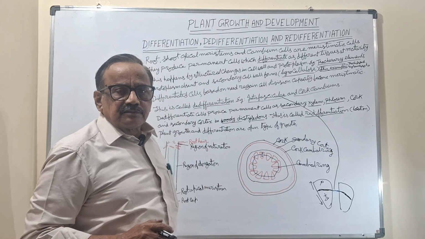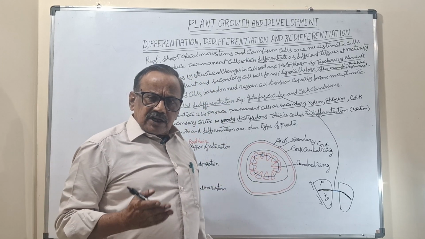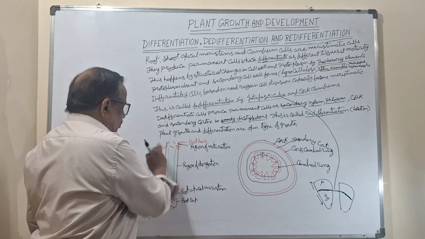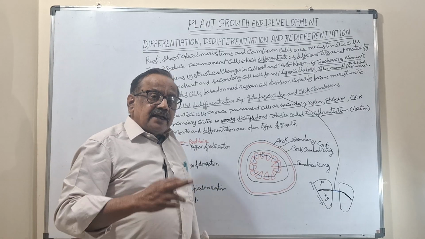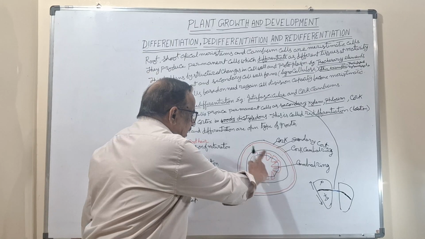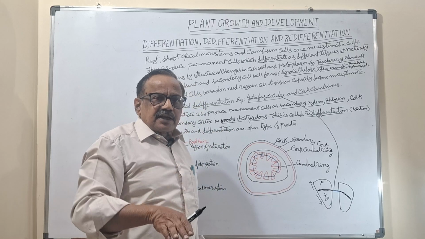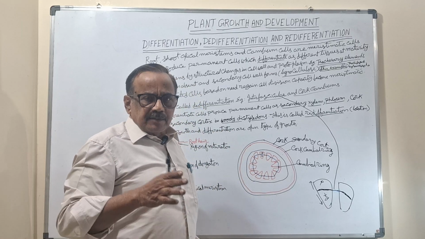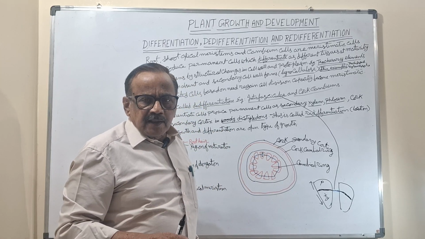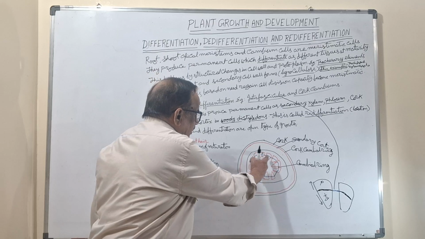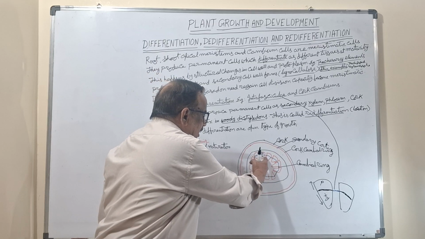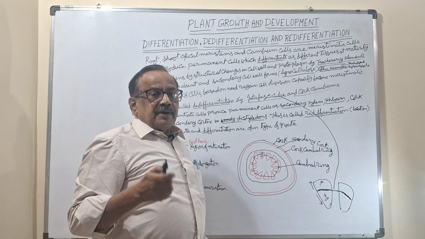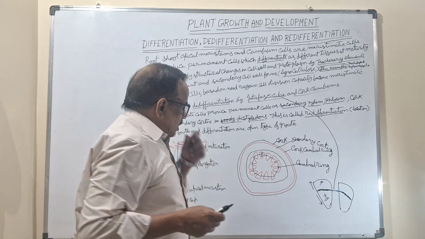So first it is differentiated in this zone, and again it is dedifferentiated, regaining cell dividing capacity as meristematic cells, as the cambium, that is the interfascicular cambium and cork cambium, which are converted from parenchyma, a living tissue.